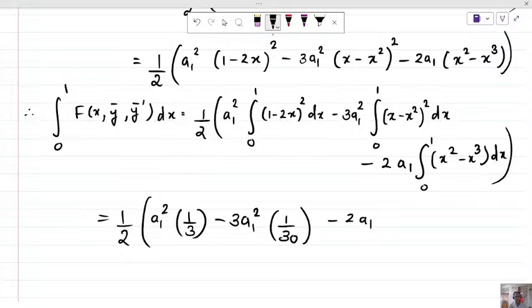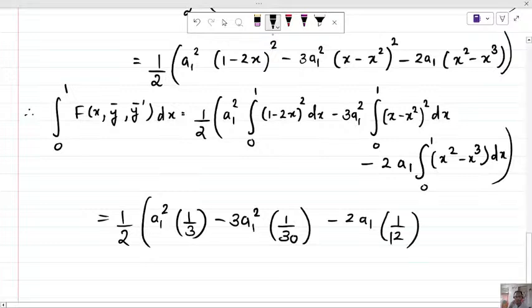What do we get here? Here the integral then becomes, in the next one, till x cube, here we get 1 by 12. Okay, so now we simplify this.